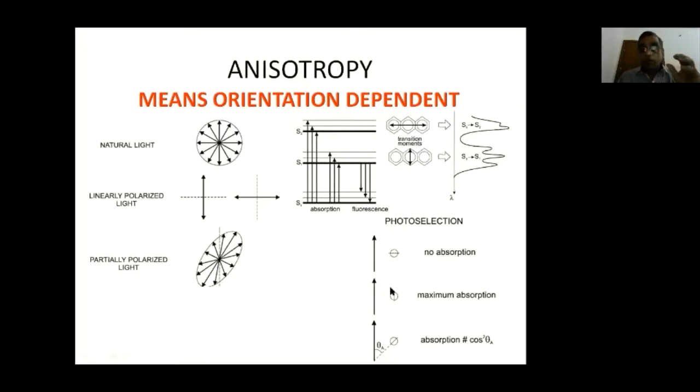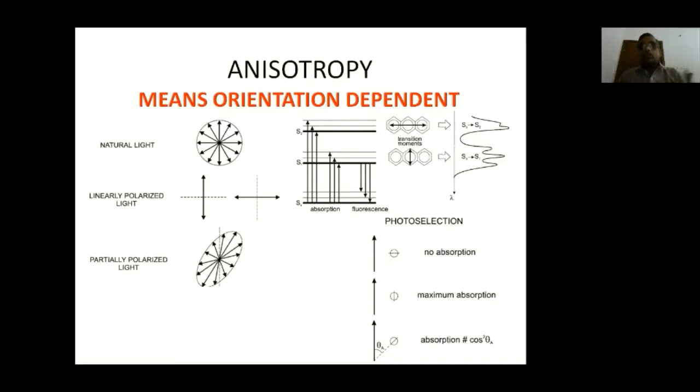Now when the molecule is parallel to the excitation polarization, you see the maximum absorption, and if there is an angle in the orientation of the molecule, then there is a cos squared theta relationship. This is how the orientation of the transition dipole relative to the orientation of the excitation electric vector helps you understand what really happened.